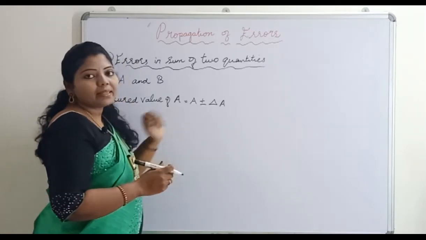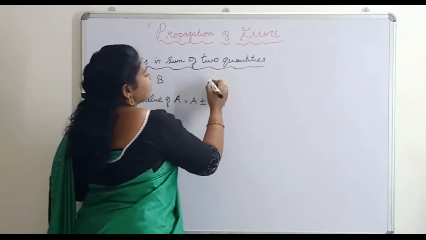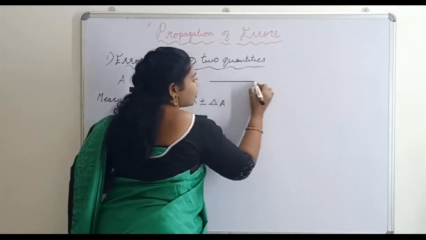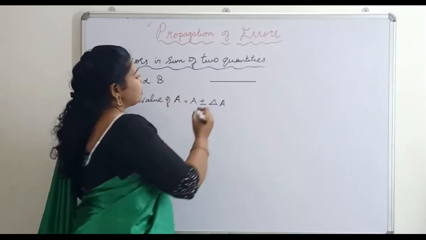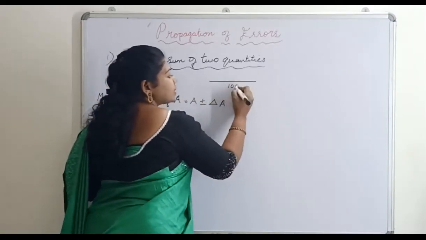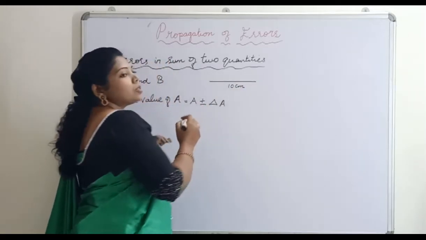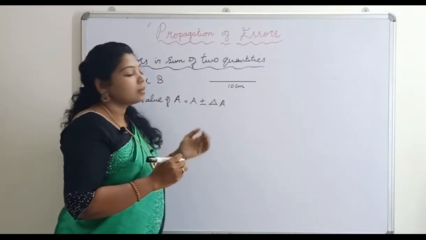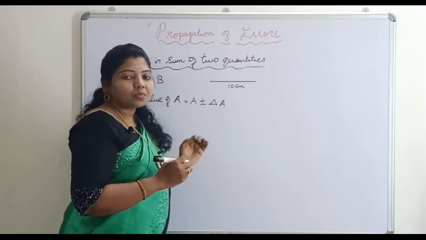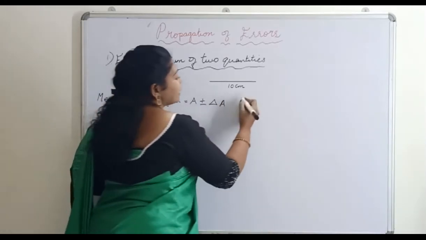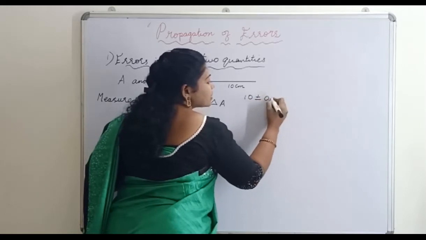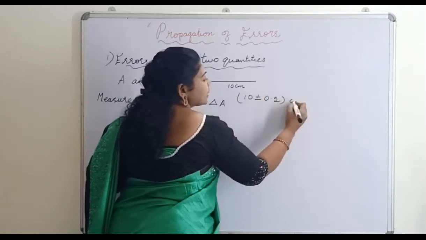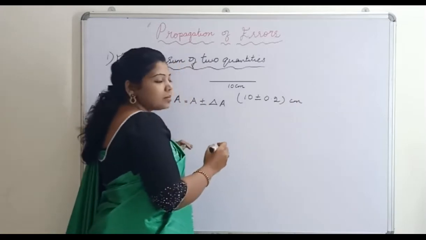So how am I writing this? For example, if I am considering a wire, and I am going to find the length of this wire, actually the true length of the wire is 10 centimeter. If I ask a student to measure the length of this wire, and the student says that the length of the wire is 10 plus or minus 0.2 centimeter, what does it mean?